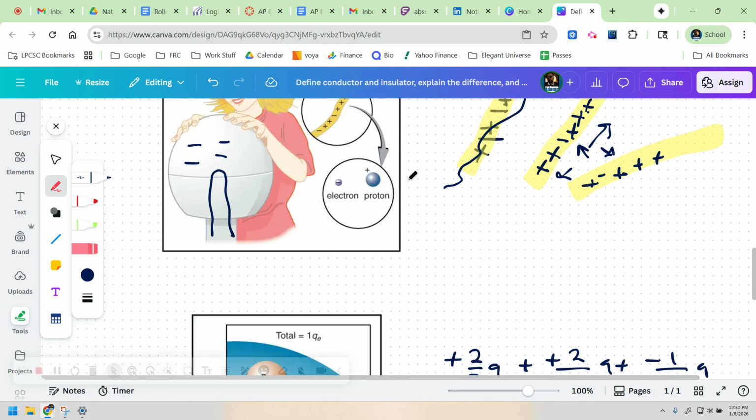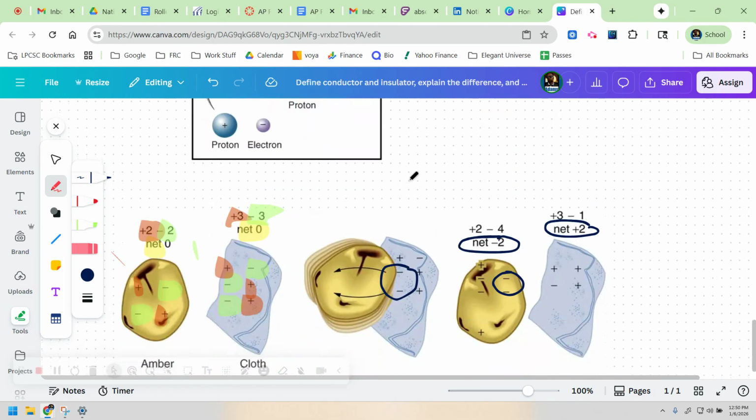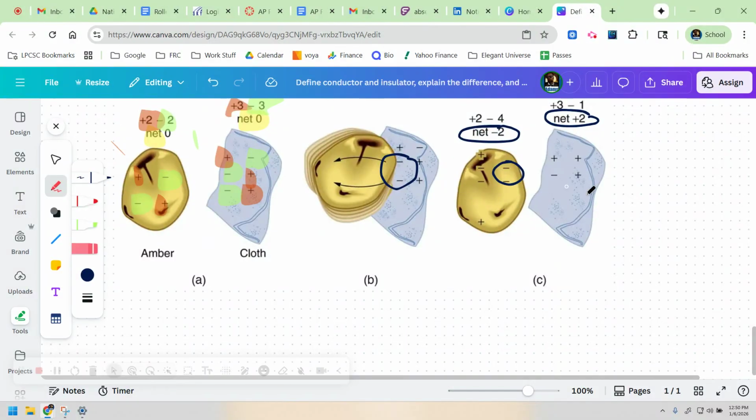And you can lose 1 or 2, enough that you change the overall charge of an object compared to another object. Because of the way this is structured, and it really has to do with the molecular structure, how easy is it for the molecules in this amber to accept 2 extra electrons momentarily? They're not going to live there forever, as soon as they find a place to go.